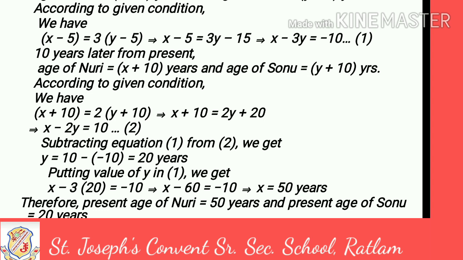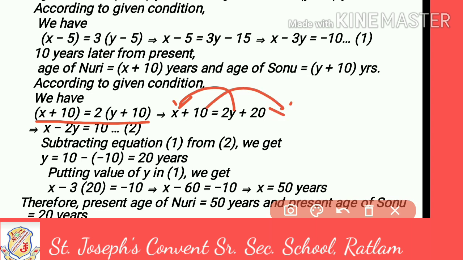So x plus 10 will be equal to 2 times y plus 10. So after solving, you are going to get x plus 10 is equal to 2y plus 20. So x plus 2y shifted this side becomes minus 2y, plus 10 shifted to the other side becomes minus 10. So here you have x minus 2y is equal to 20 minus 10, that is equal to 10. Let it be equation number 2.